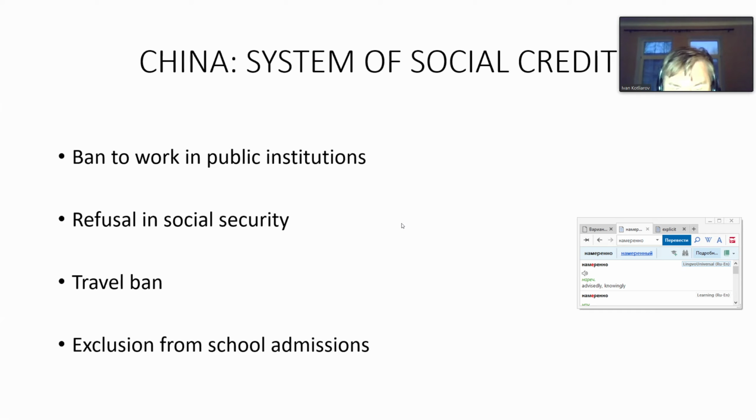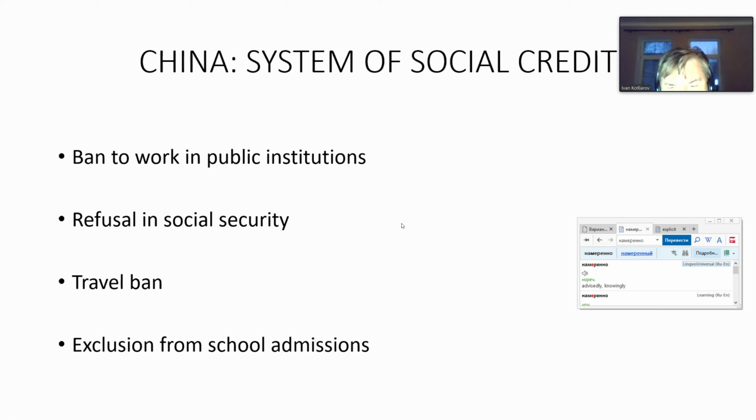And sometimes it may create huge problems for victims of such measures. Travel ban. If you behave incorrectly in airplanes, high-speed trains, etc., your social rating will be decreased, and you will not be able to buy tickets for airplanes or trains.